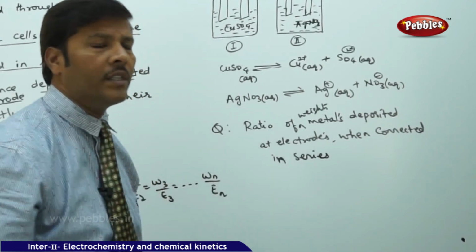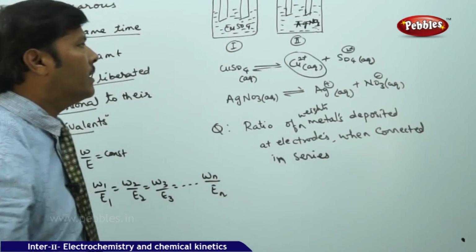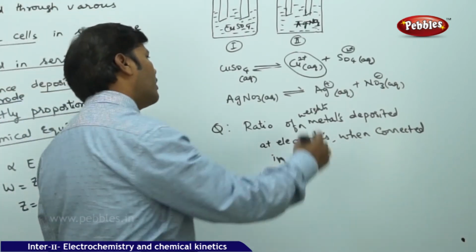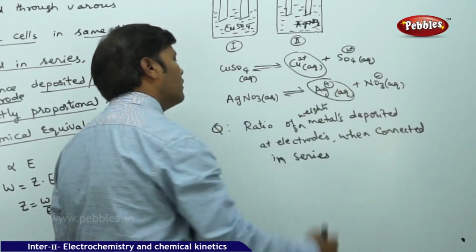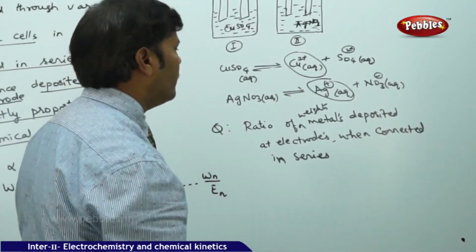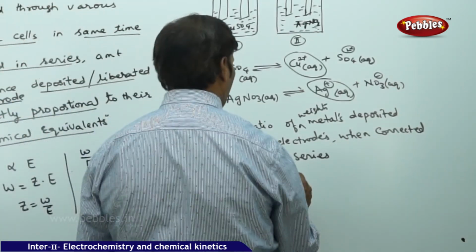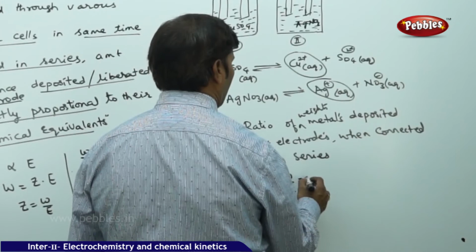What we are noticing here is cupric ion at the cathode and silver ion again at the cathode. Both copper and silver get reduced at the cathode electrode, and so we already know that W by E is equal to a constant.